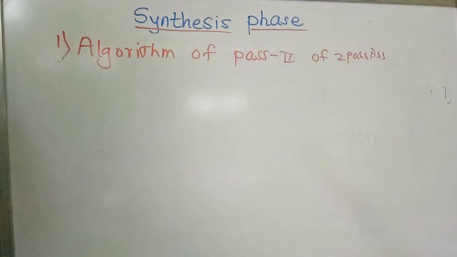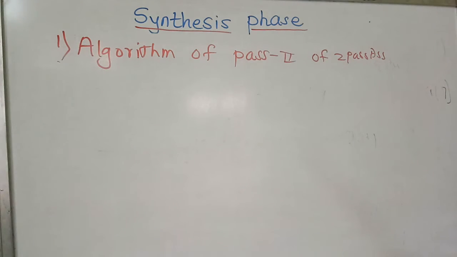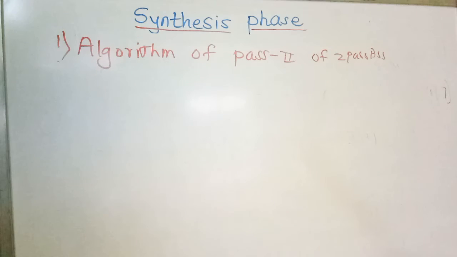In the analysis phase, we covered pass one, meaning we created the data structures for pass one of the two-pass assembler. And in the synthesis phase, we are talking about pass two of the two-pass assembler.